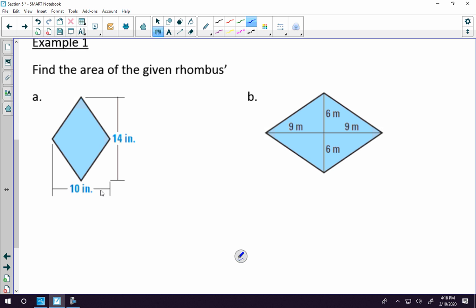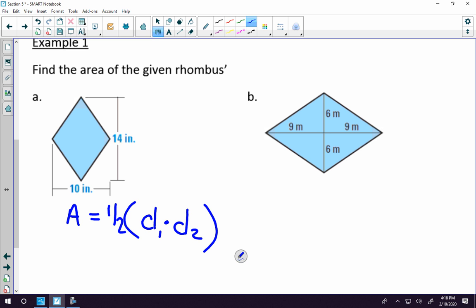So if you were trying to construct your own type of kite, because you're pretty tech savvy, you want to find out how much material you need to make a certain kind of kite that you want to fly. What we're going to do is find the length of one diagonal, multiply that by the length of the other diagonal, then take half of that.